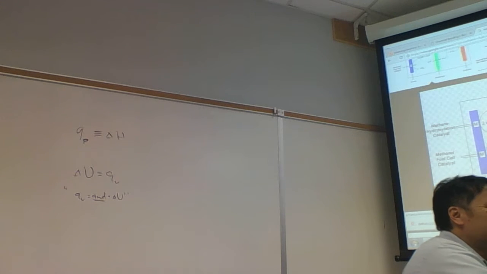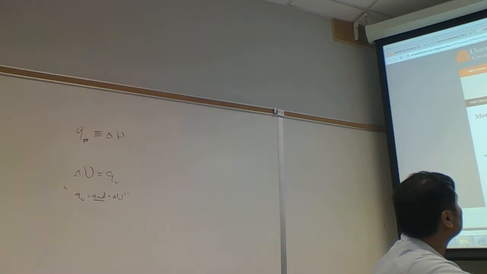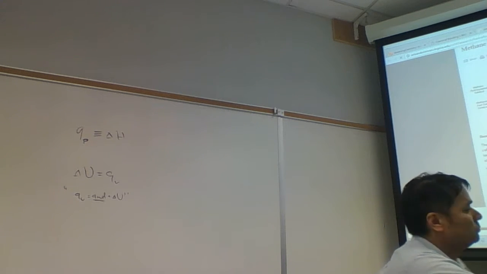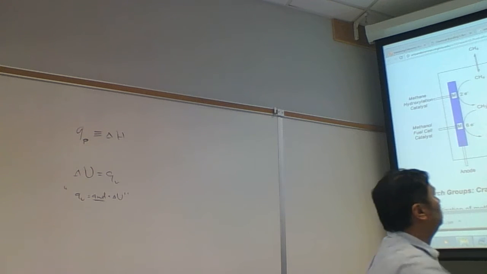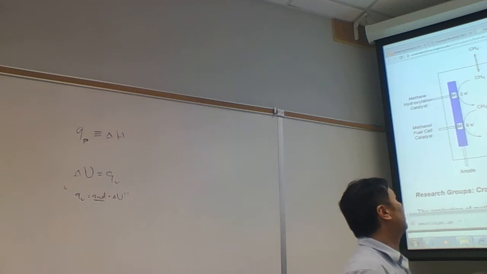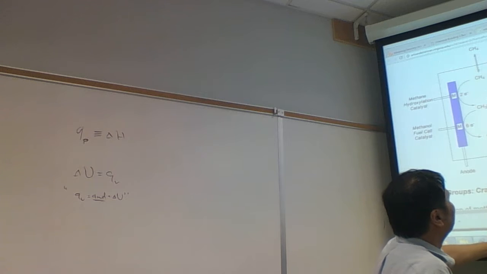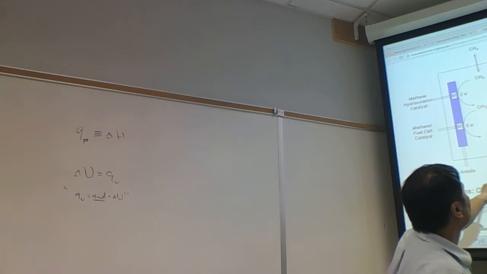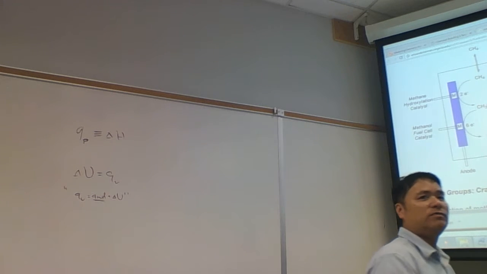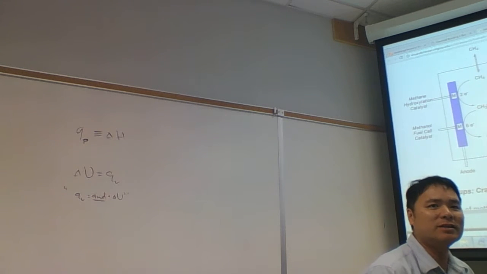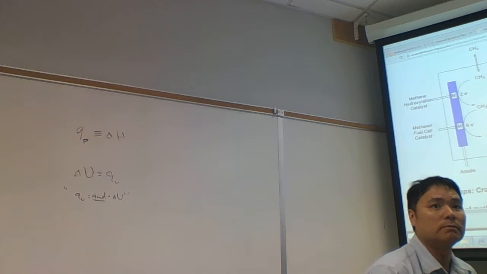All right, this is a methane fuel cell schematic here. Even though it looks a little bit complicated, essentially you're taking the methane and converting it into CO2 and water. So you have methane and oxygen going to CO2 and water. Do you put this fuel cell into a stainless steel bomb and lock it tight? No, this is done at constant pressure.